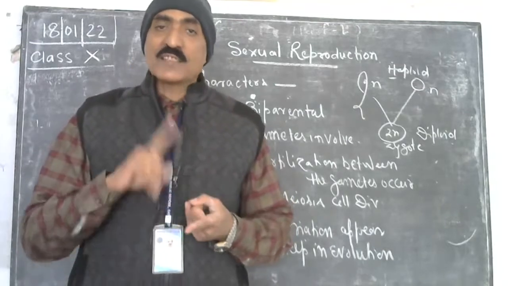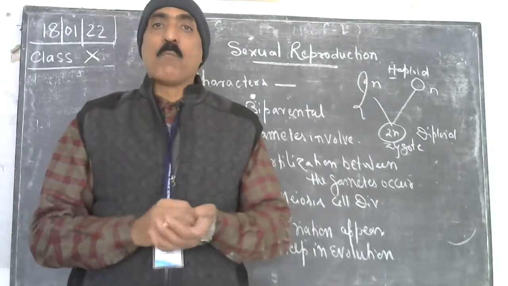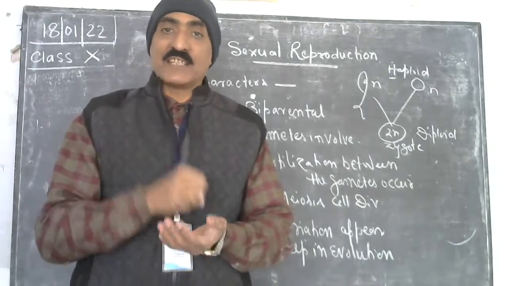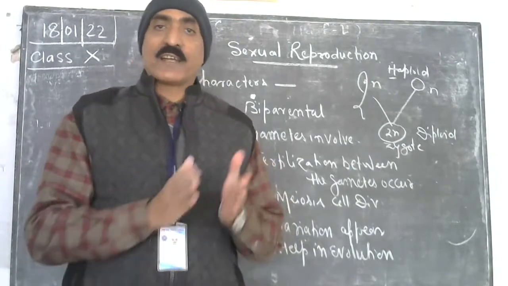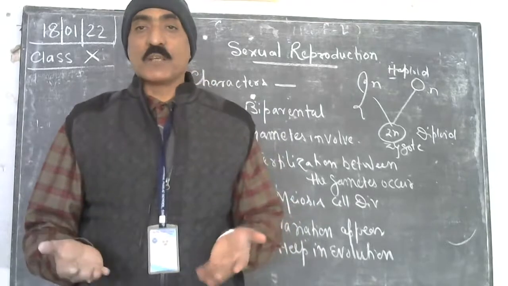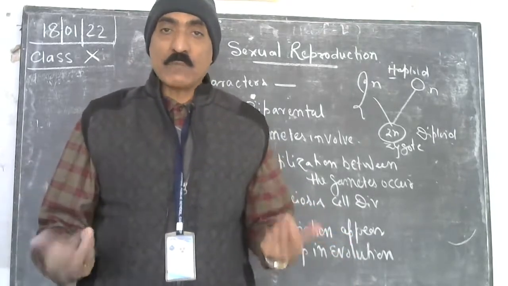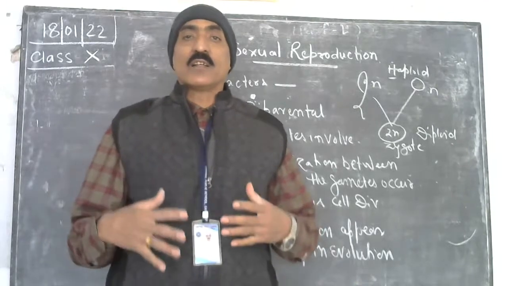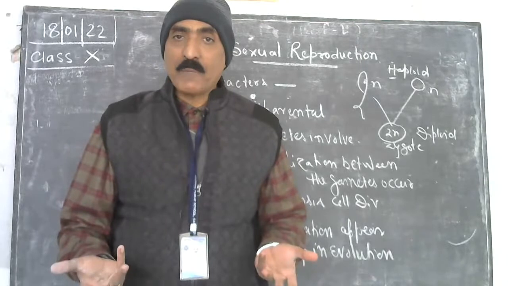And so such variation helps in having more adaptability than the asexually reproduced organism. मैंने कल बताया था कि asexually reproduced organisms are very prone to disease. They are susceptible to disease. They have less adapting capacity. They do not have adaptability.